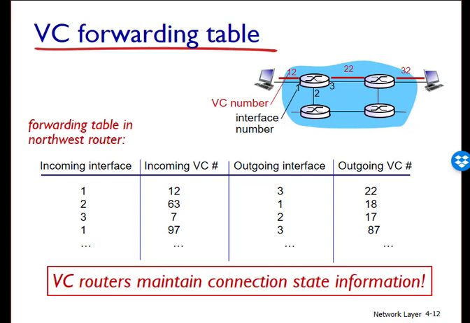So the network layer determines the virtual circuit number of each link, adds the forwarding table entry in each router along the path, and then reserves resources as necessary. The second phase is data transfer. Once the virtual circuit has been established, packets can begin to flow along the virtual circuit.